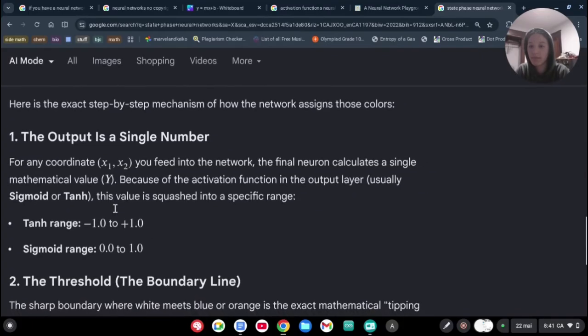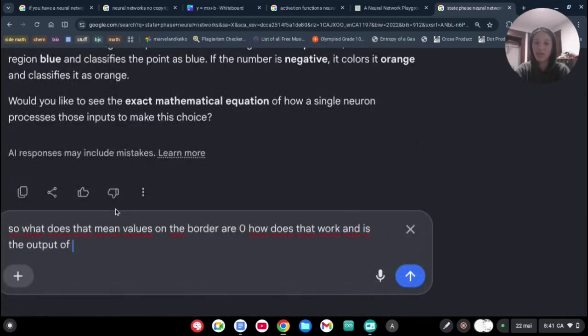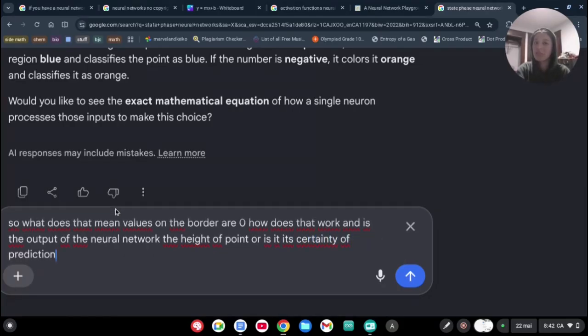And is the output of the neural network the coordinate of the point, or the height of the point, or is it its certainty of prediction?